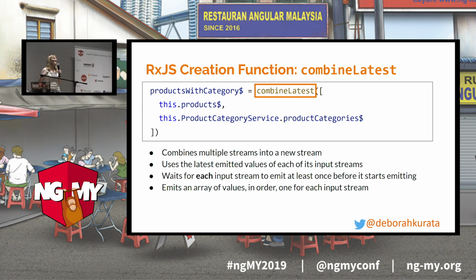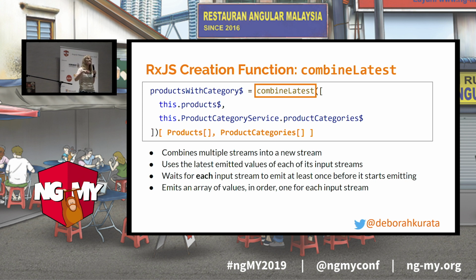And then it emits. What does the combineLatest emit? It emits an array where the first element of the array is the emitted value from the first stream, and the second element of the array is the emitted value from the second stream. And if we had a third stream, that would be the third element, and so on.